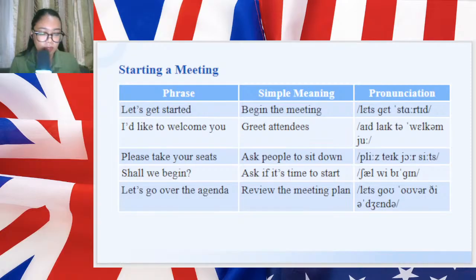Okay? So you follow it with a brief statement of the meeting's objective, because it can further orient the attendees. So you usually use this at the start of the meeting because this is one of the phrases for starting a meeting, especially when there are guests or new applicants.